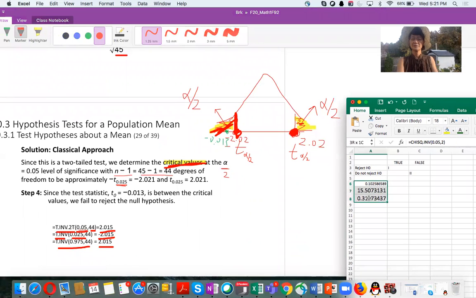So I'm going to erase all these numbers. I want to find the critical value given alpha 0.05, given degree of freedom 44, given it is a two-tailed test. So you have three ways to do it.